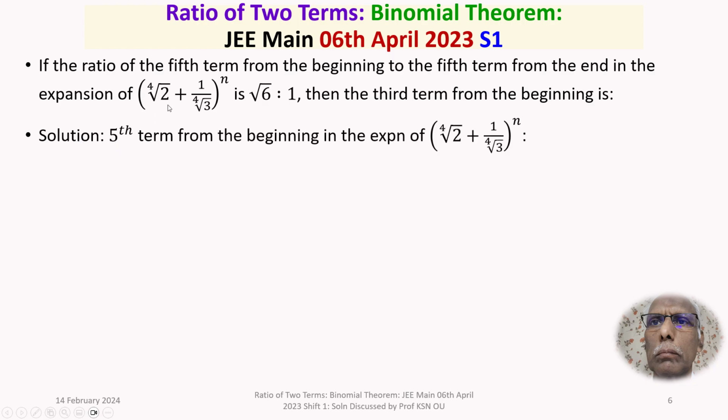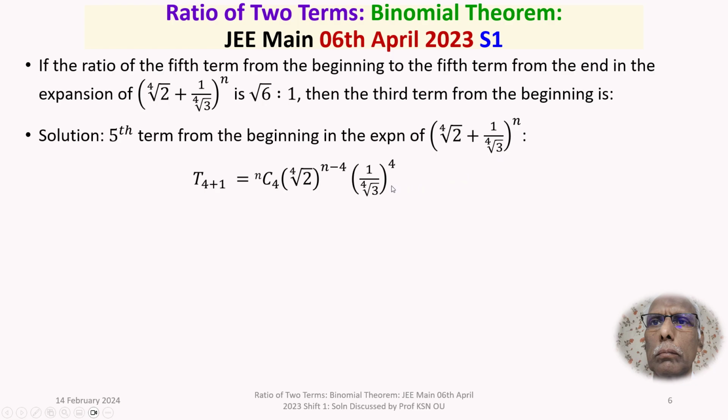Now, this is the binomial expansion, and the fifth term from the beginning in the expansion of fourth root of 2 plus 1 by fourth root of 3 whole to the power of n is given by T suffix 4 plus 1, that is the fifth term, which is equal to nC4 into fourth root of 2 to the power of n minus 4 multiplied by 1 by fourth root of 3 to the power of 4.